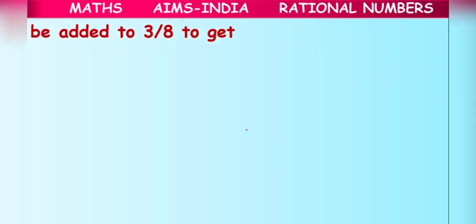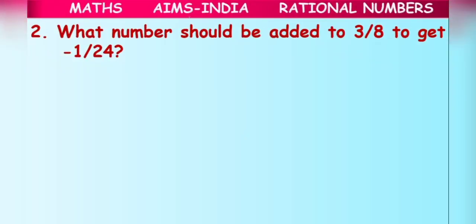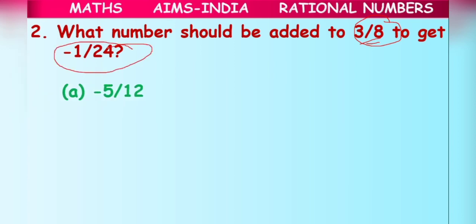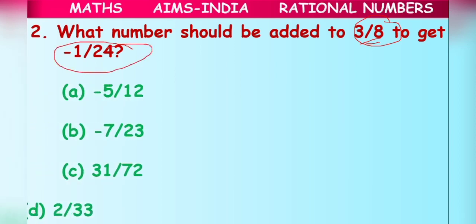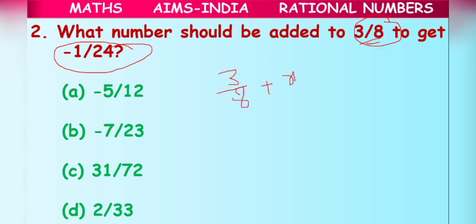Next, second question. What number should be added to the rational number 3 by 8 to get minus 1 by 24? You can work it out, children, and find the answer. Now what is the question? What number is to be added to 3 by 8?